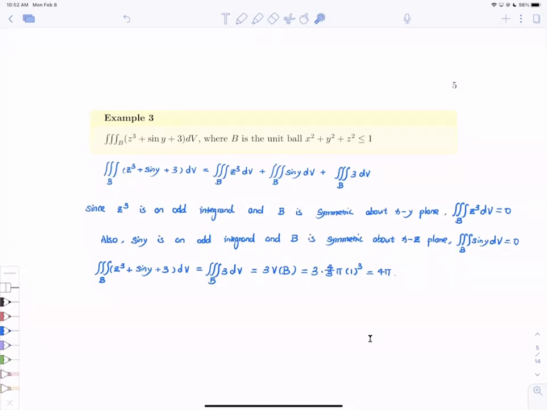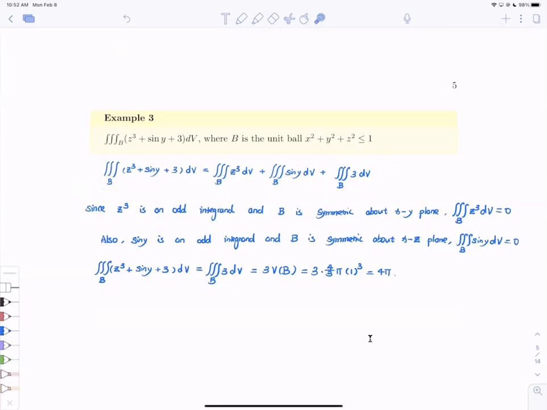But notice that this is an odd function, and this is an odd function as well, and our ball is symmetric about the xy plane and the xz plane. This is a function of z, and it's symmetric about the xy plane, so this whole integral will be 0. This is a function of y, and it's symmetric about the xz plane, which makes this integral 0. So eventually, this whole thing equals this.